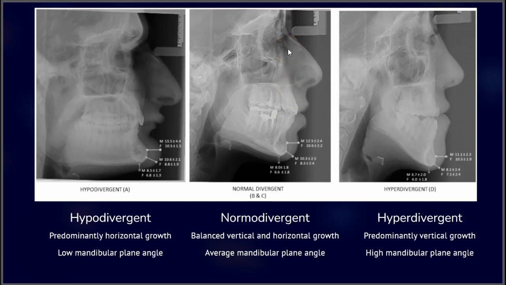In a normal divergent patient, we're somewhere in between, and this is classic surgical hyperdivergent. The trouble is, there are patients that sit right in the middle, between the normal divergent and the hyperdivergent. These are easy to spot and easy to recognize the pattern.